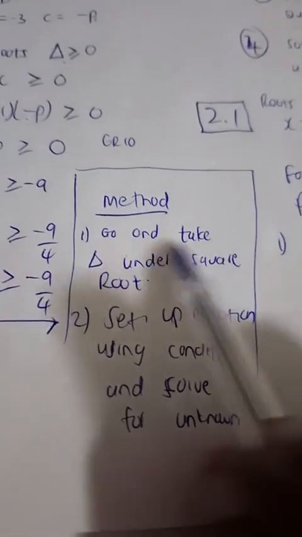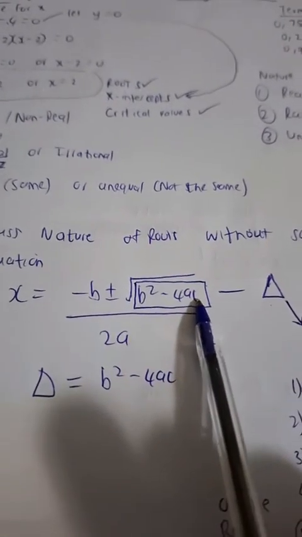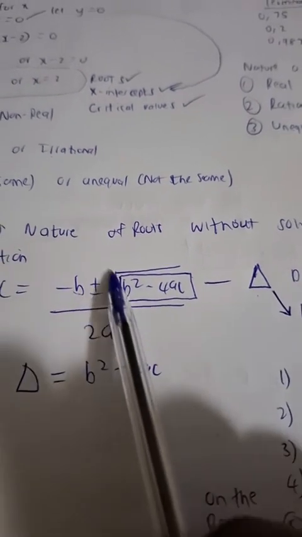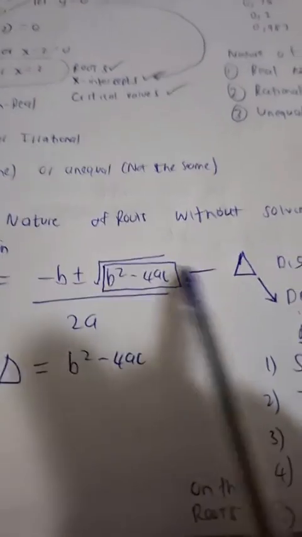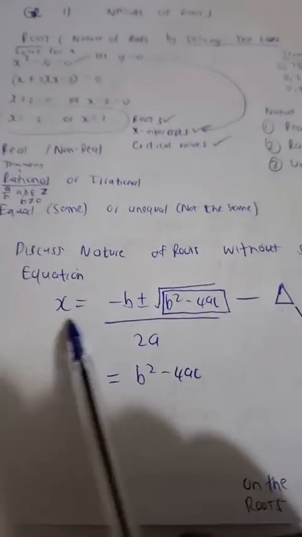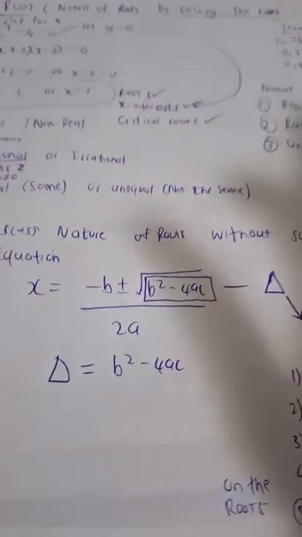So I'm saying go and take delta under the square root. Please remember what I said earlier on when I started. The discriminant b squared minus 4ac, which we refer to as delta, is situated under a square root. This is the quadratic formula which I usually use when I cannot solve for x and factorization is not possible.